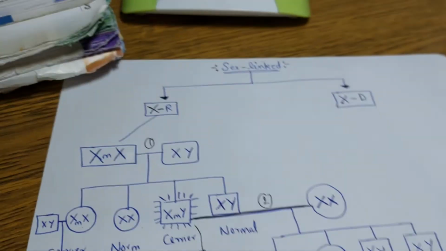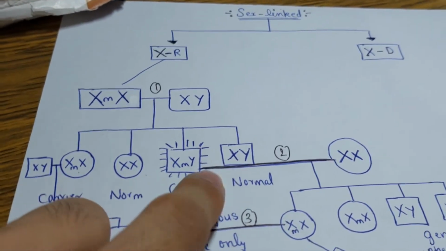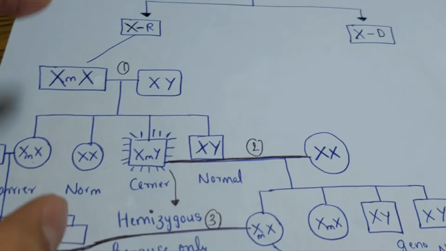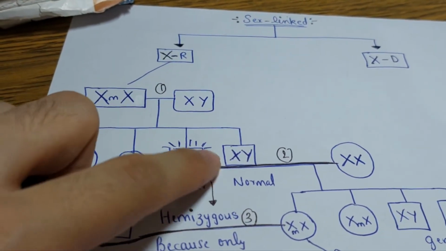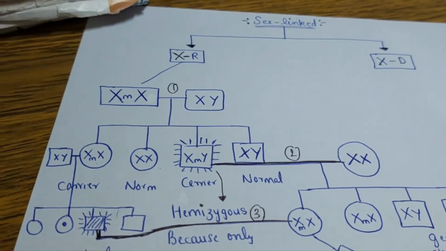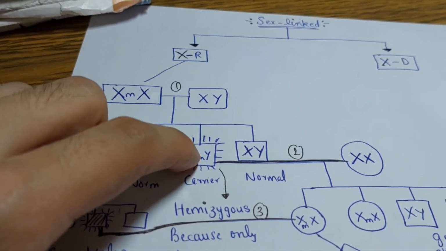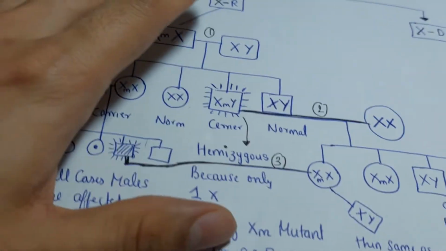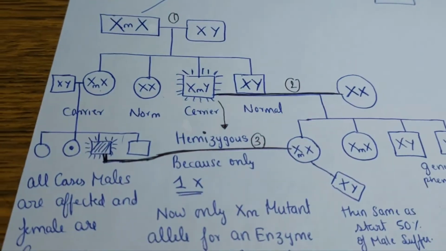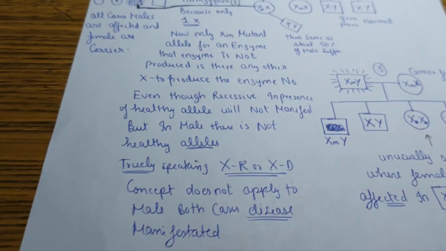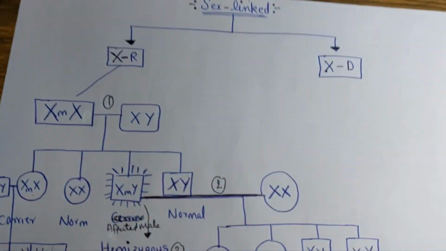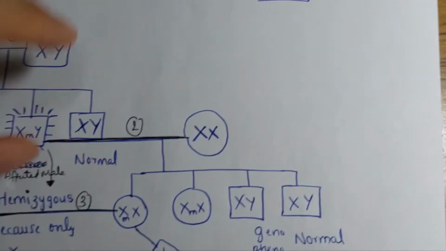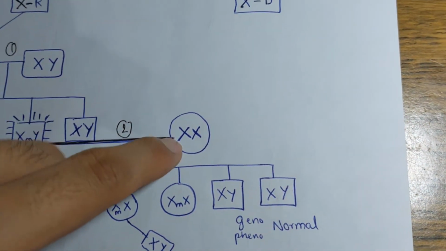In males, there is just one X chromosome, and to live a healthy life at least one X chromosome should be expressed. So if your luck is so bad that you get the mutant X, that X chromosome is going to be expressed, and as a result you are going to have manifestation of the disease. Due to these reasons, the X-linked recessive or dominant concept does not apply to males.